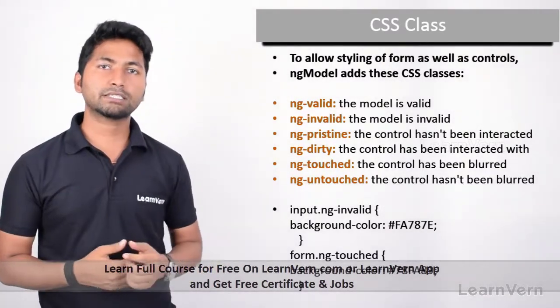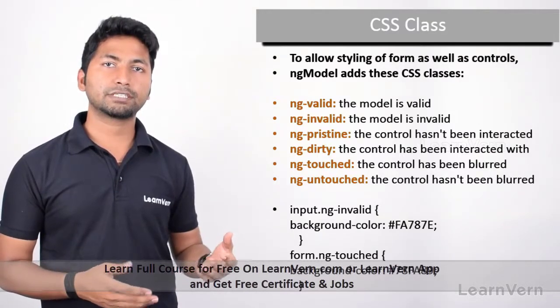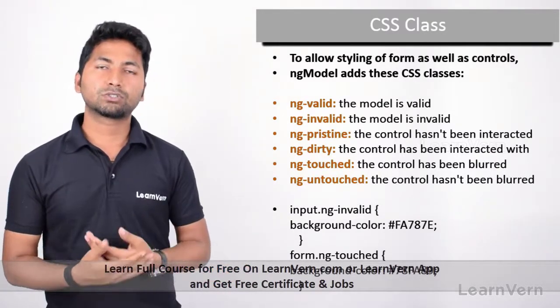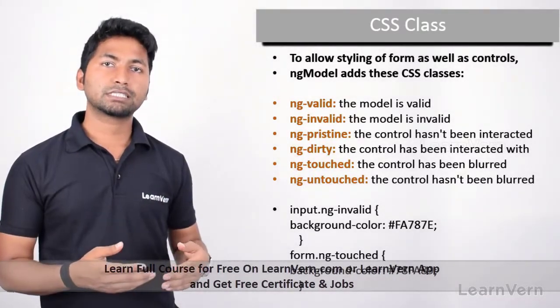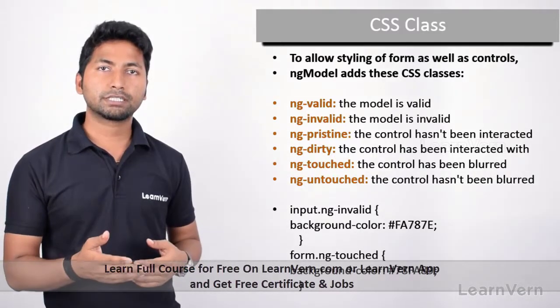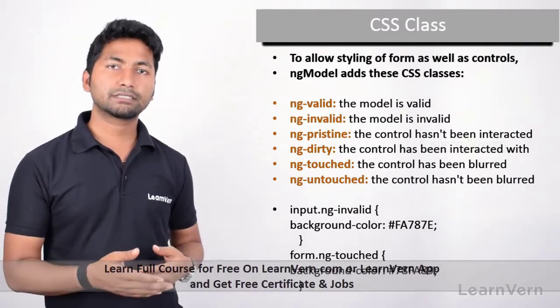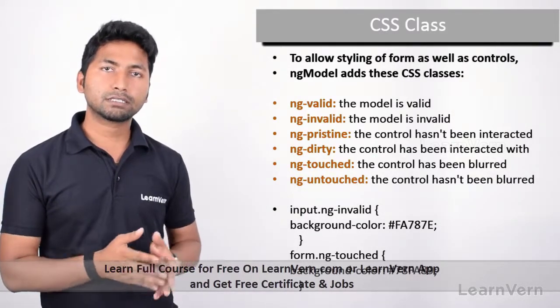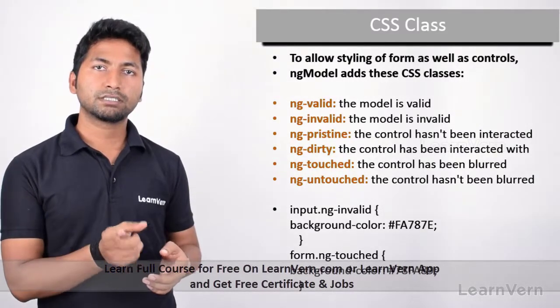The third one is CSS class. In CSS class, since we have different states for input as well as for form, depending on those states you can provide the styles. Suppose I have touched, untouched, valid, invalid, pristine, and dirty states. I can provide the exact style for that state only.